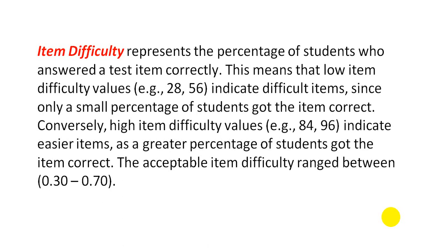Conversely, high item difficulty values, 84, 96, indicate easier items, as a greater percentage of students got the item correct. The acceptable item difficulty range is between 0.30 and 0.70.